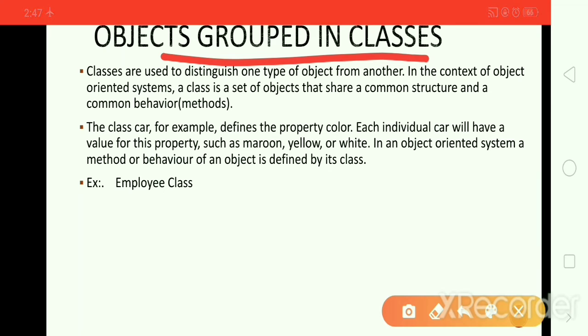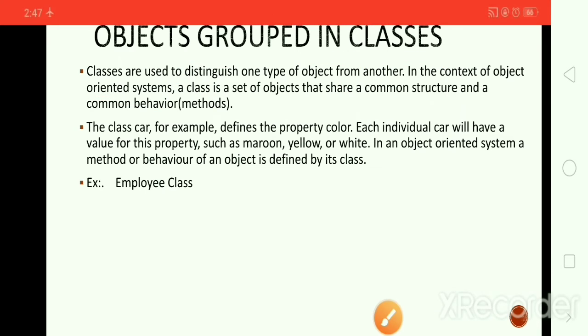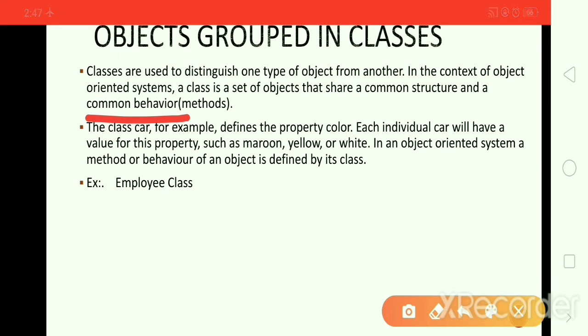In the context of our object-oriented system, what actually is a class? A class is a set of objects, a collection of objects that share a common structure and a common behavior.